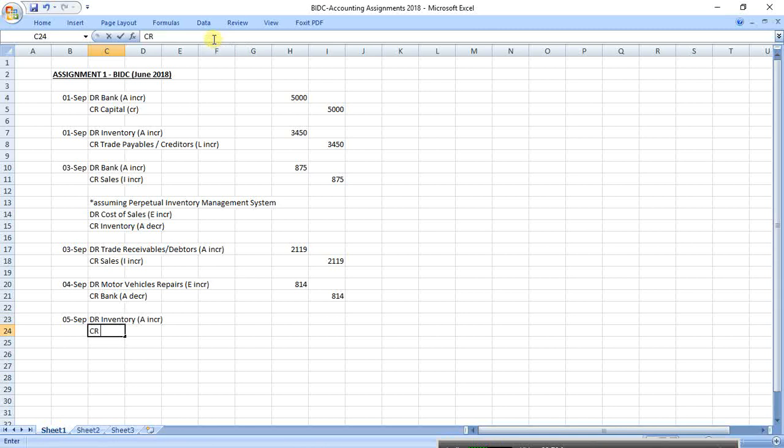Credit what? Bank. Definitely. The bank is negatively affected because you're using cash to purchase the inventory that you're going to be selling. So bank, asset decrease, credit. Good. Don't forget to put the amounts in.